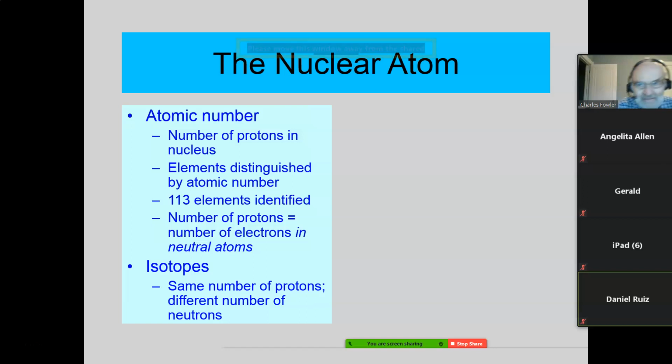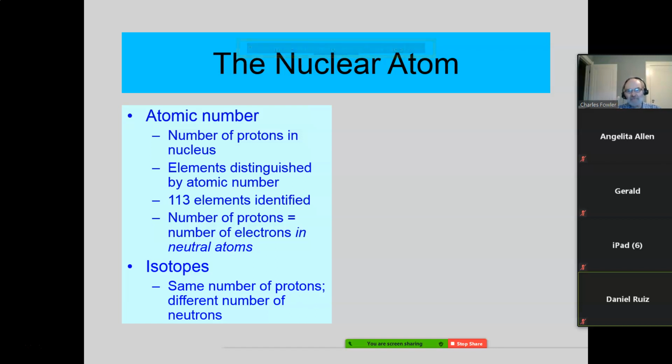Okay, now what do we mean here? Now here are some terms, and these terms are easy to get confused, so sort of get them straightened out in your mind. The atomic number, that's the number of protons in the nucleus of any atom.